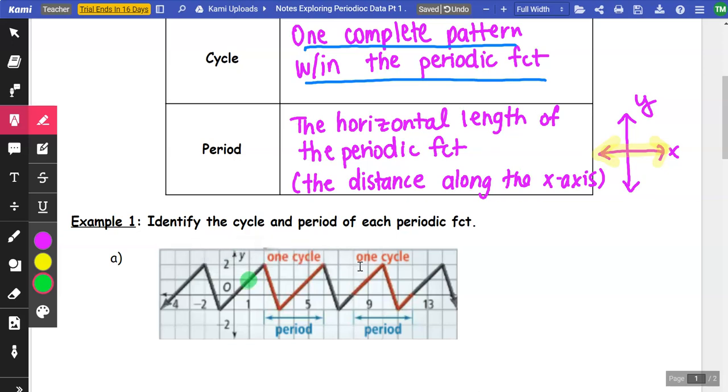If I start at a y value of 1, I actually have a y value of 1 here again, and then to here. Aha. So that could be one cycle, and then I would use this cycle again from here to here. And that cycle is repeating itself over and over again.